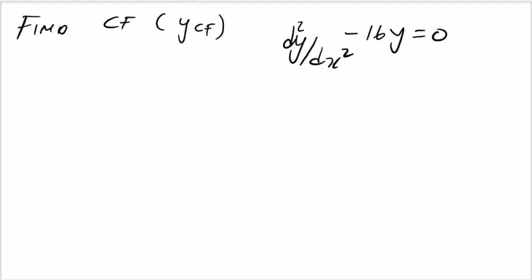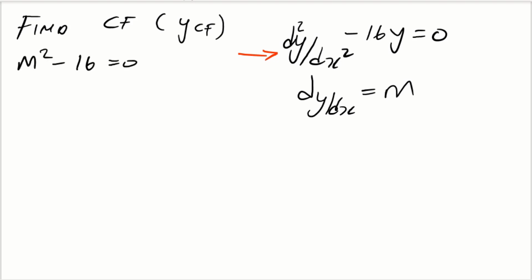So as you can see, guys, remember I said let dy over dx equal m. So we're gonna substitute m in this equation. You're gonna get m squared minus 16 equals 0. So m squared equals 16, and then you square root both sides.